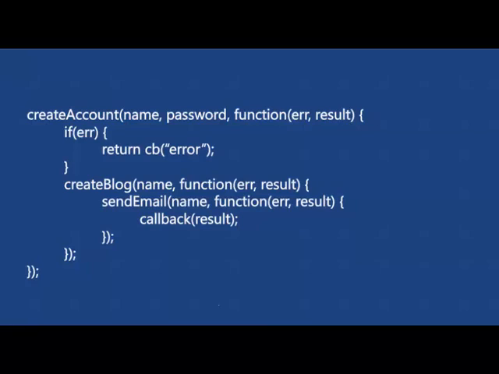we declare a function for callback. And in case we have no error here, we will call create block. And again, we will have a callback function with error and result. If this block or when this block is created, we will call for send email and so on and so on.